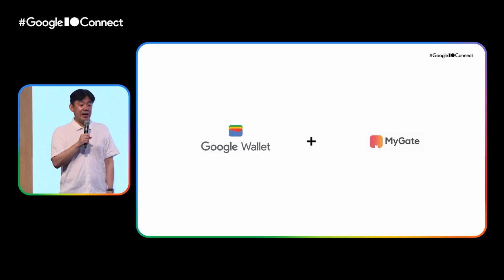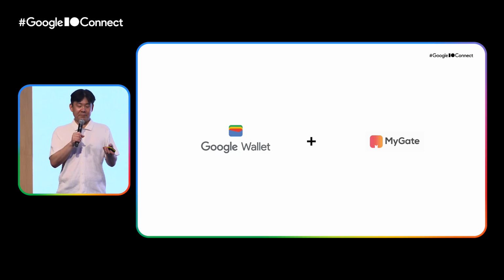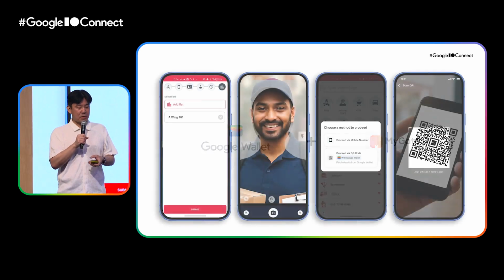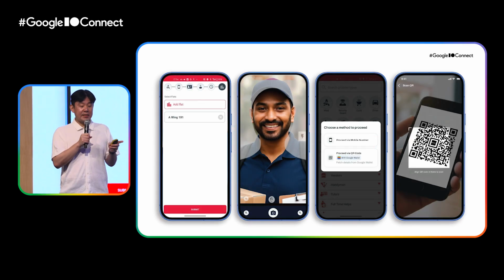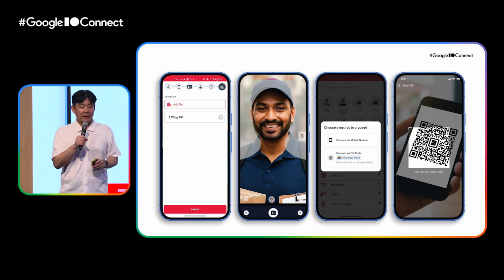MyGate here in India is also using a similar flow with the Credential Manager API to verify a delivery person entering a condominium or society. First, the security person enters the flat details, like Block A, apartment 102, for example. Next, they take a picture of the delivery person for the records.